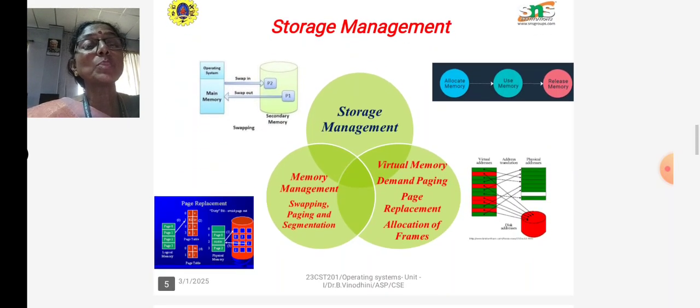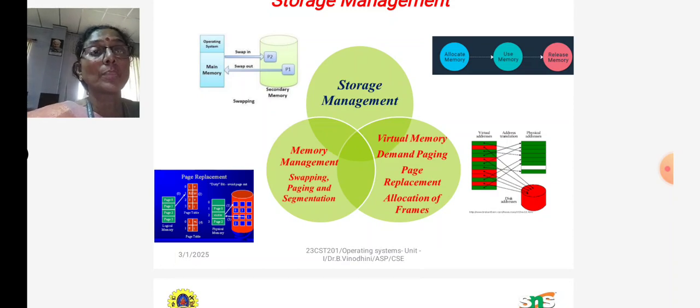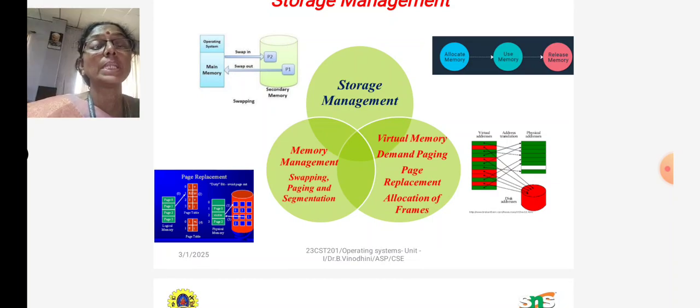In storage management, an operating system has two main activities. One is main memory management. The other is virtual memory management in terms of page replacement. Suppose a page is required on demand, then we have to do page replacement. Those are the two main activities in storage management.